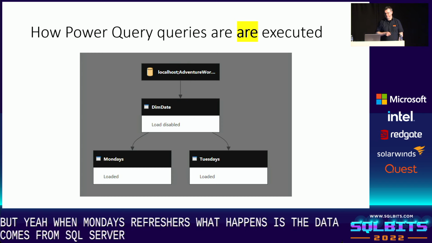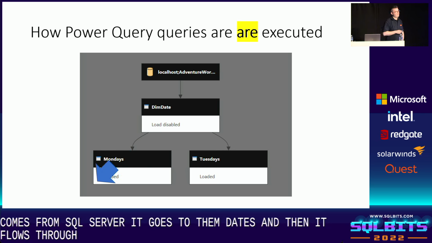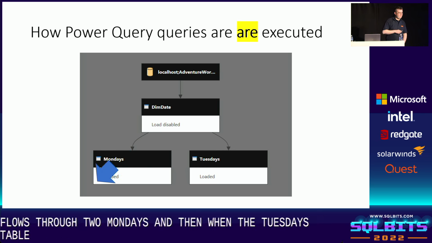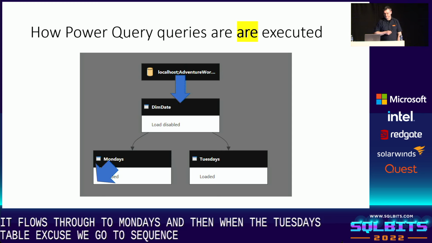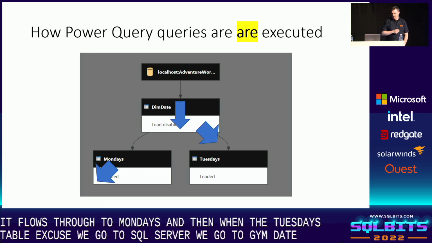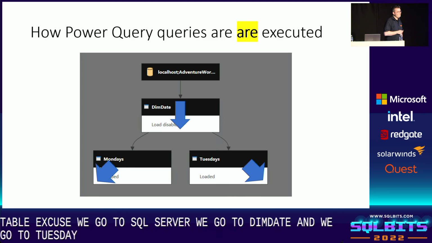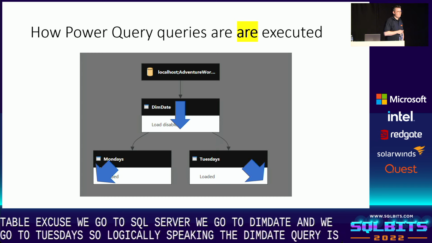It goes to dimDate, and then it flows through to Mondays. And then when the Tuesdays table executes, we go to SQL Server, we go to dimDate, and we go to Tuesdays. So logically speaking, the dimDate query is executed twice.